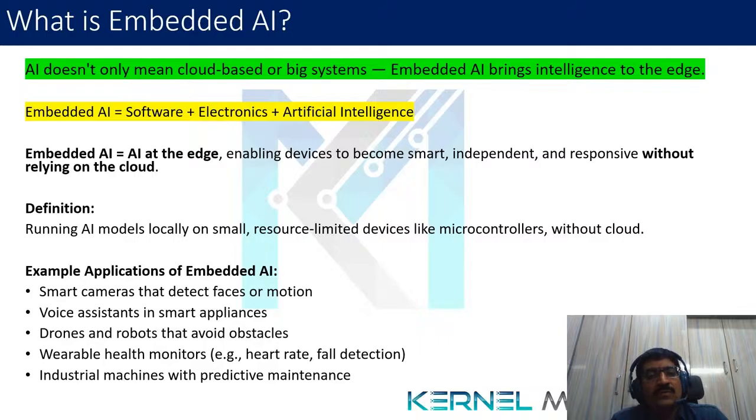Embedded AI is also AI at the edge. For example, if I want to control an AC, which is an electronic device, an appliance, tomorrow we are able to control the AC automatically through AI technology.